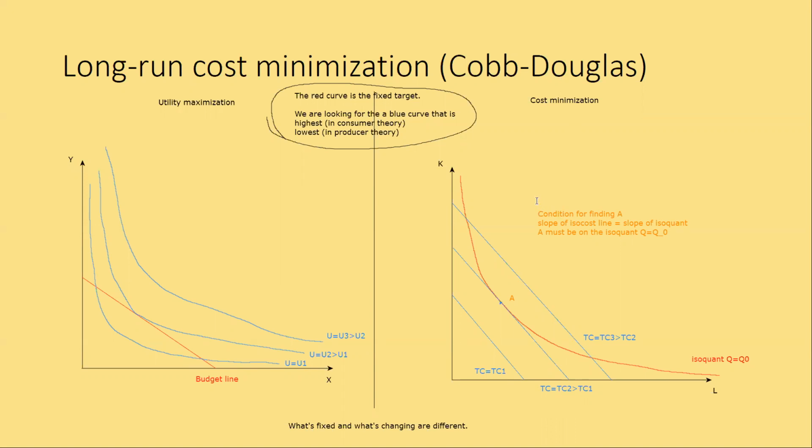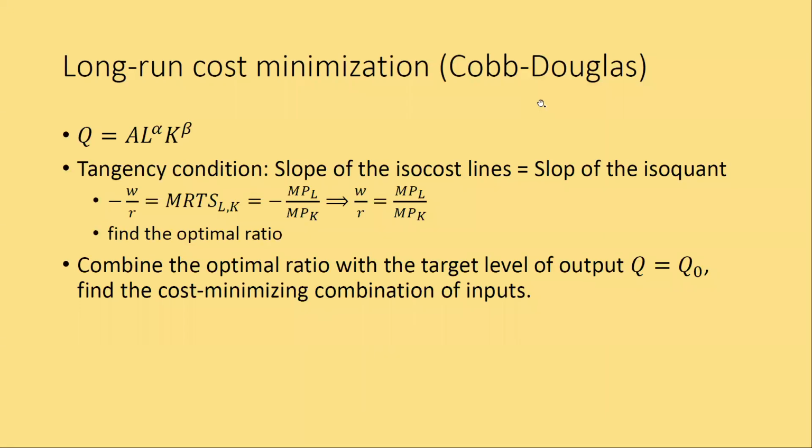Moving to the mathematical expressions, we are going to see that everything will look quite familiar. So if we have a general Cobb-Douglas production function, and as we discussed, to find the cost minimizing input combinations, we are going to employ the tangency condition. That is, the slope of the isocost line is the same as the slope of the isoquant.